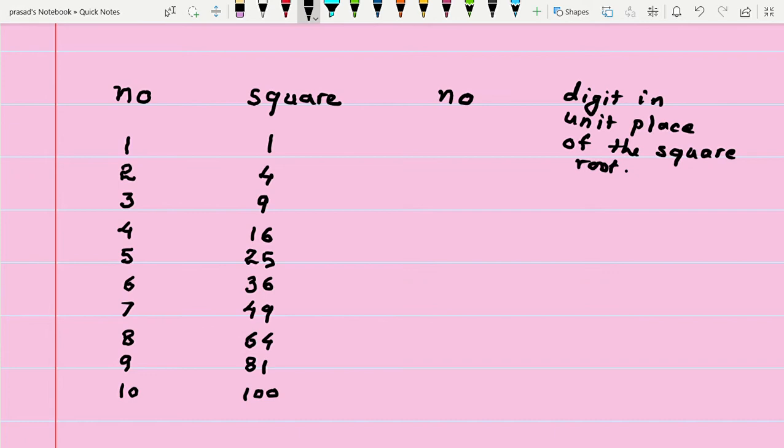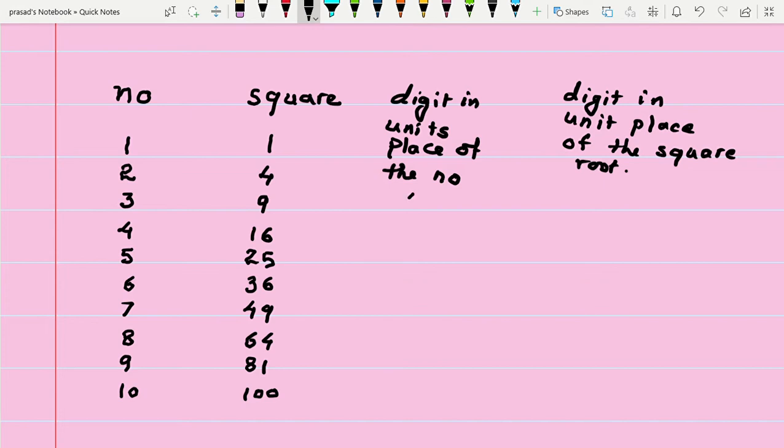So instead of just saying the number, I'll say the digit in the units place of the number, and what are the possible digits in the units place of its square root.